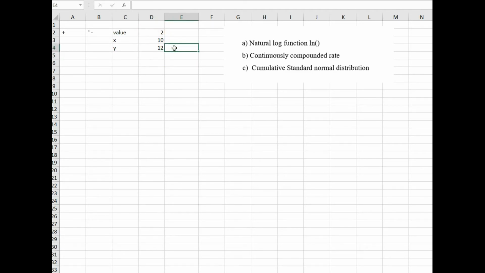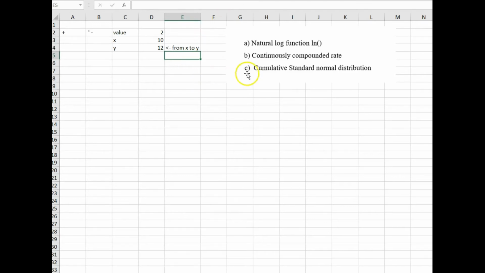This is from x to y. It's a very simple concept, right? So y equals 10 plus 2 is 12. If reversed, this is how to get x. X equals y minus 2. So this is from y to x.